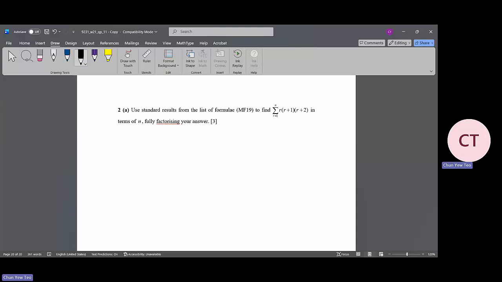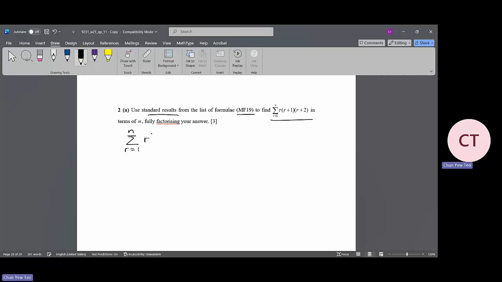For 2A, use a standard result from the list of formulae booklet MF19 to find the series over here in terms of n and fully factorizing your answer. So what we need to do is expand them.